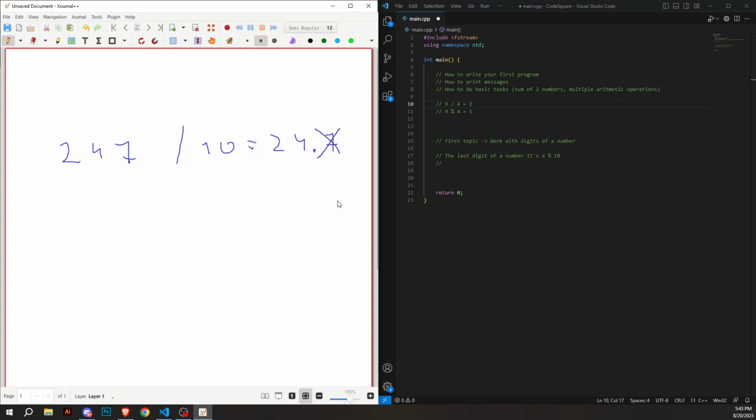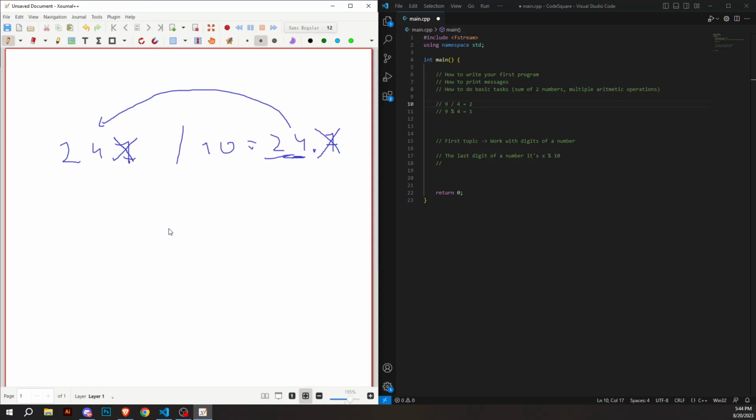But what do we know about division in C++ is that this 0.7 actually disappears, because when dividing two integers, we need an integer number. And we said that it's always the number without its decimals. So this is 24. But 24 is actually the number without the last digit.